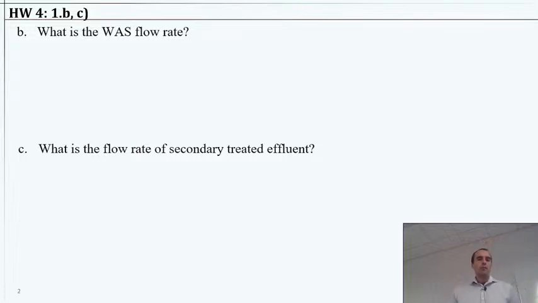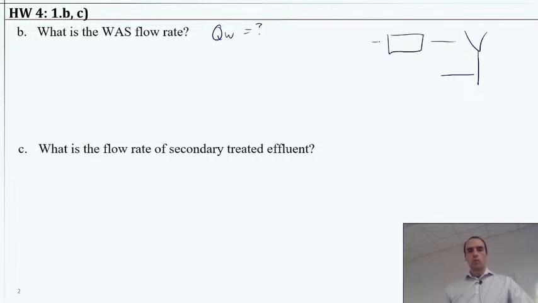So next piece, we are asked what is the waste activated sludge flow rate, QW, right? So here, if this is our system, we've got the recycle, it's this flow rate right here that we're looking for.